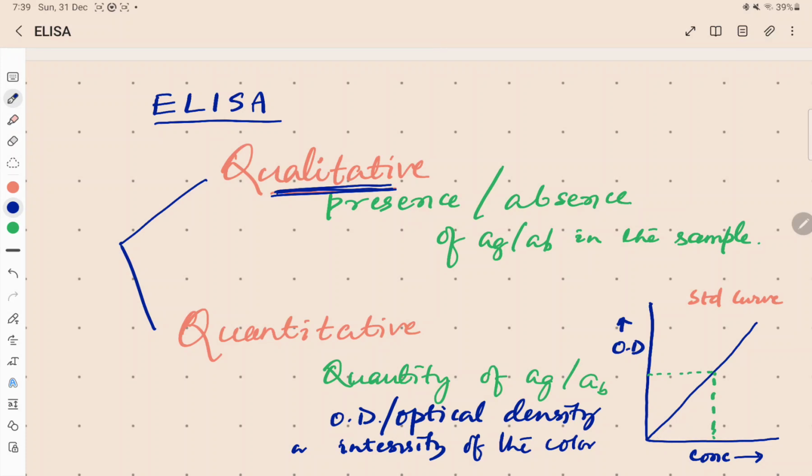From this standard curve we can extrapolate the unknown concentration of the antigen or antibody by knowing the optical density. So we will measure the optical density, then we will extrapolate it, and from this we can say this is the concentration of the antigen or antibody which is detected. So in this way ELISA can be qualitative as well as quantitative.